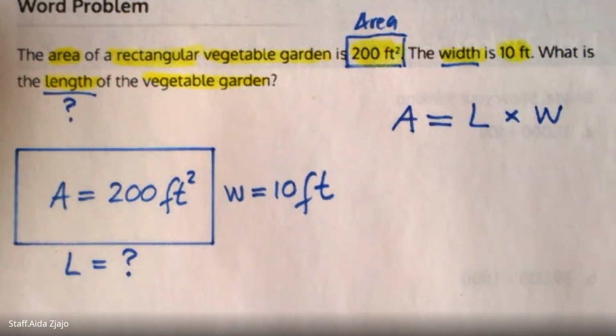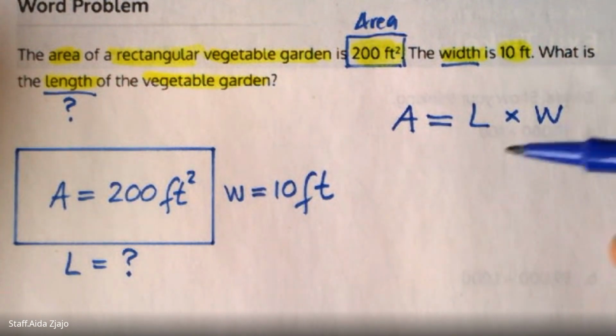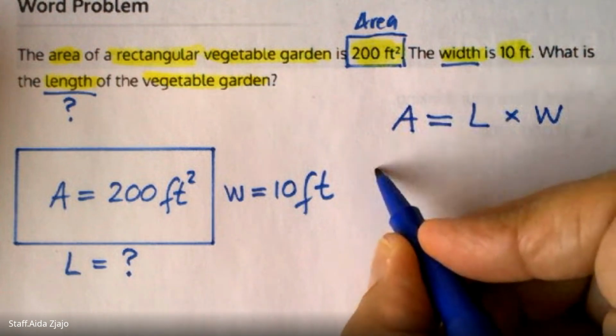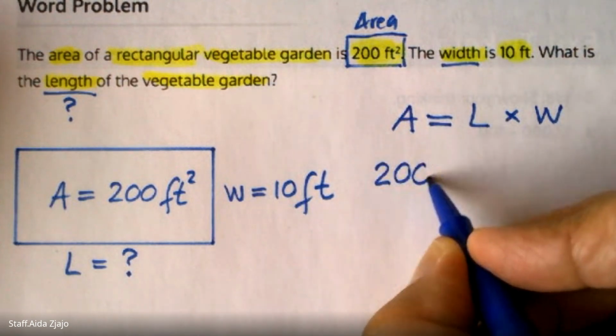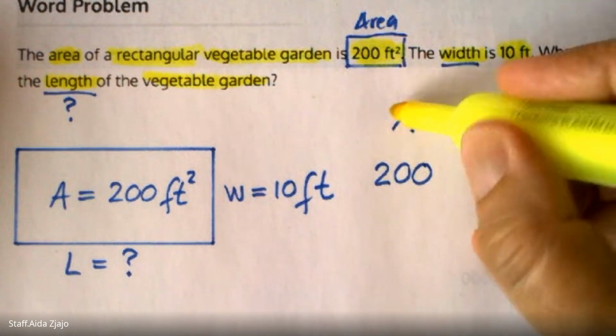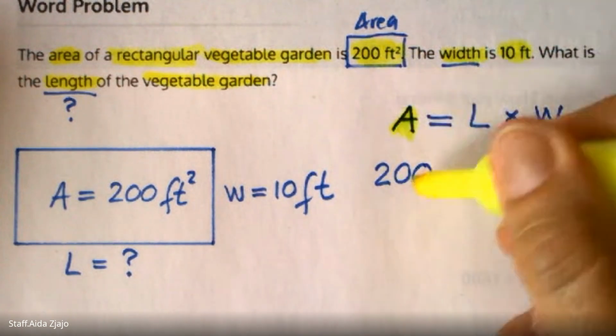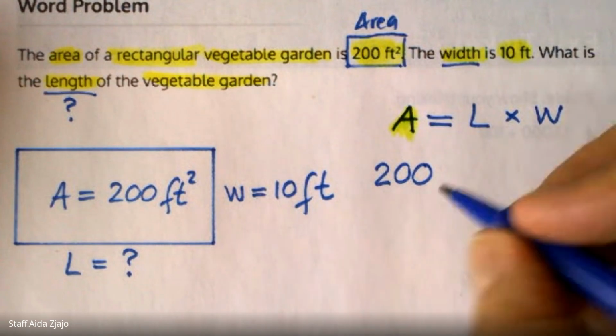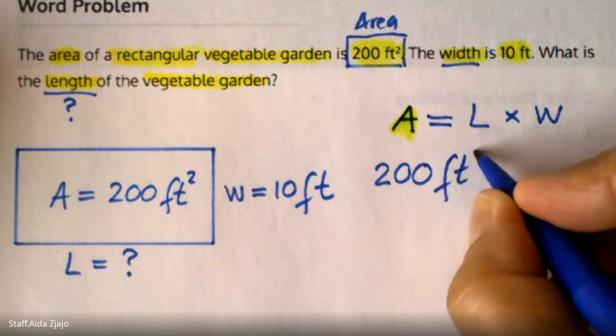So we can substitute the values that we know. Right now we know that here is 200 instead of area A. We know it's 200 feet squared.